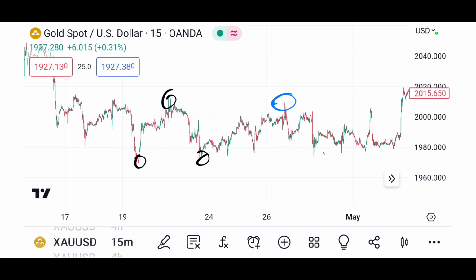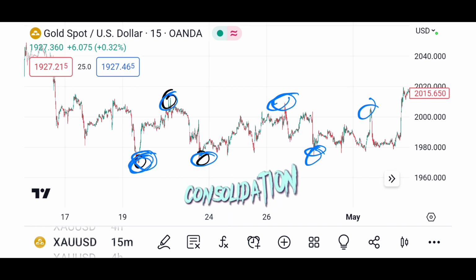Rather, it formed a higher low. So you can see a lower high, a higher low, a lower high, a higher low again, a lower high again. So you can see that this is not showing a clear bullish or a clear bearish trend. Hence, we could say that this is a consolidation.